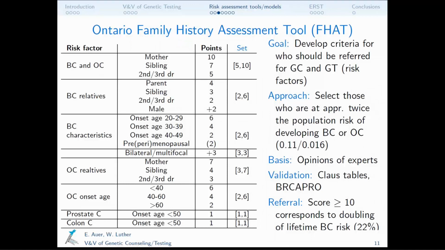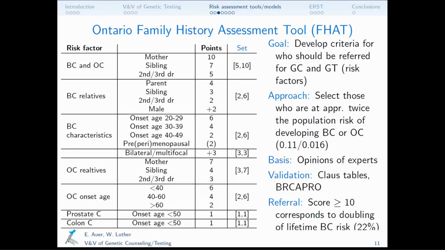The scores that we can see here were validated using Claus tables and other tools, and a person is referred for genetic counseling and testing if they achieve a score more than 10 according to the system. And this corresponds to approximate doubling of a lifetime risk of breast or ovarian cancer.